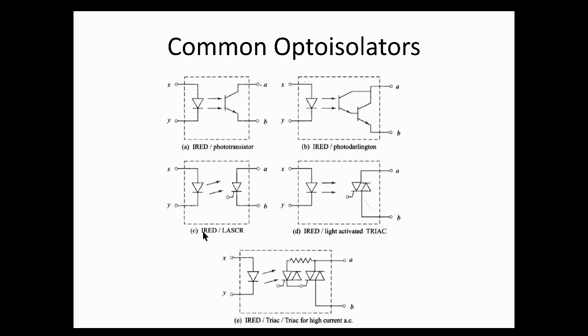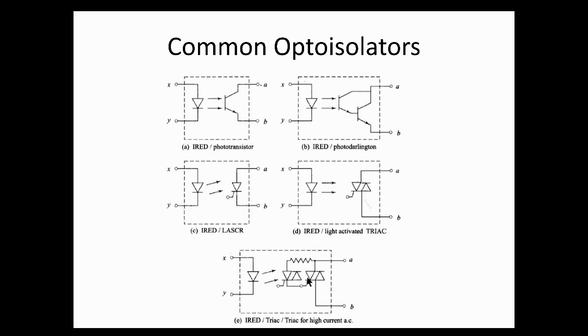And for this one, we could have a light activated SCR. That says we use larger loads. We switch in larger loads, we can use this type. Or we have the triac output type here, light activated triac. Or we could actually put the triacs in this configuration.